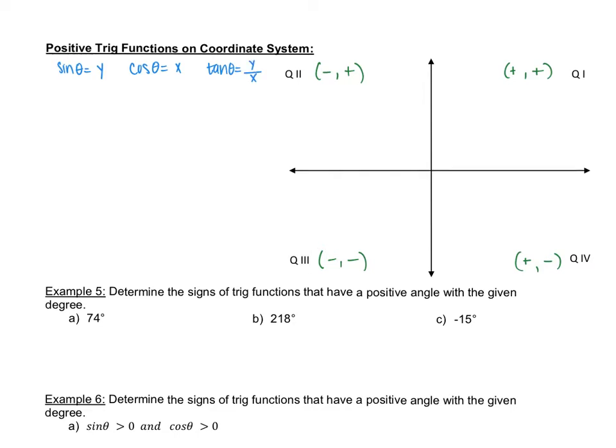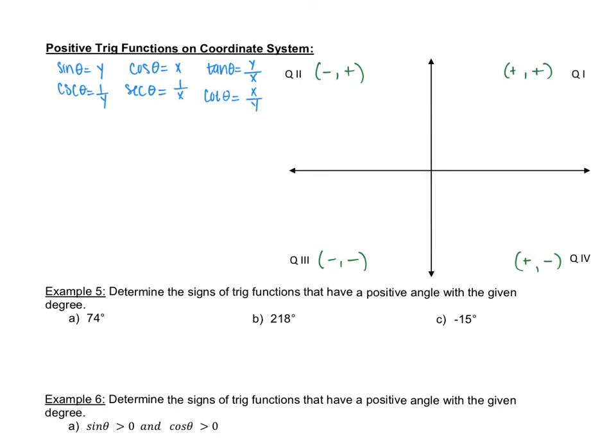And then the reciprocals, so cosecant is 1 over y, secant is 1 over x, and then, sorry, not tangent, cotangent is x over y.